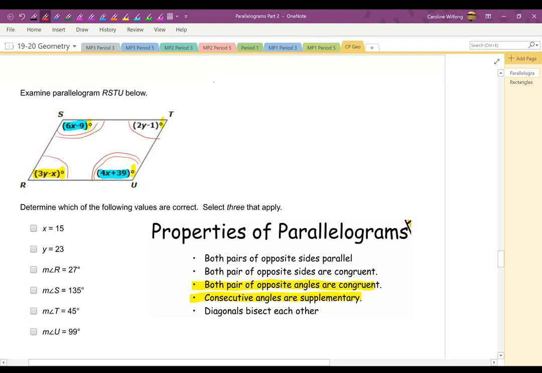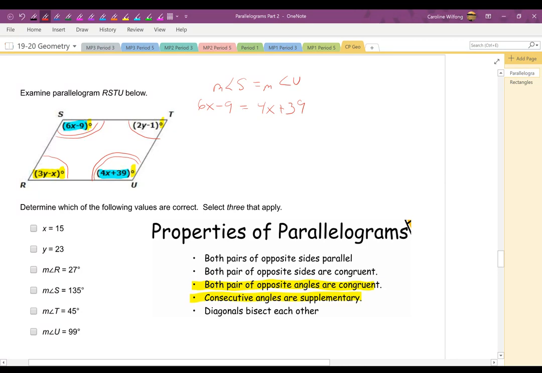So I'm going to start my equation by saying that the measure of angle S equals the measure of angle U, so that I can set up an equation to solve for x. So 6x minus 9 is equal to 4x plus 39.